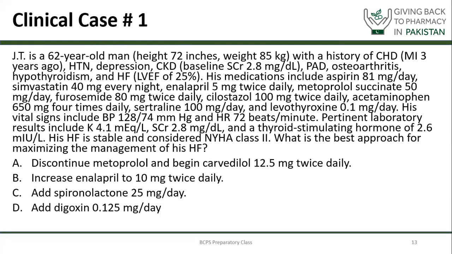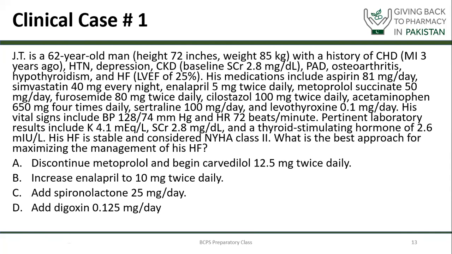Hypertension, depression, CKD, baseline serum creatinine 2.8 milligram per deciliter, peripheral artery disease, osteoarthritis, hypothyroidism, and heart failure. Left ventricular ejection fraction is only 25%. You have got the idea of how many problems there are with this, but among this, our related information is only left ventricular ejection fraction of 25%.